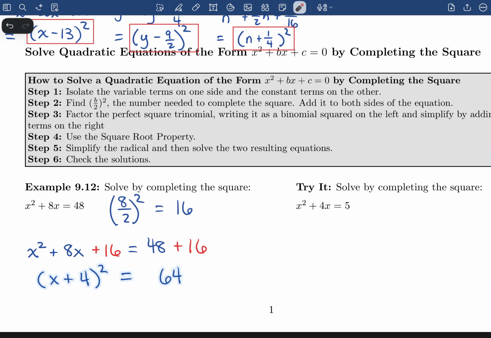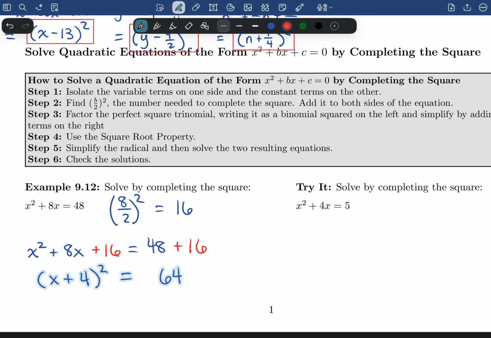Did that already. So I'm ready for step 4, which says use the square root property, which we used last time. So I'm going to square root both sides of this equation right here. And when I square root both sides of an equation, I need to put a plus or minus sign on the side that doesn't have the variable. That's the square root property.